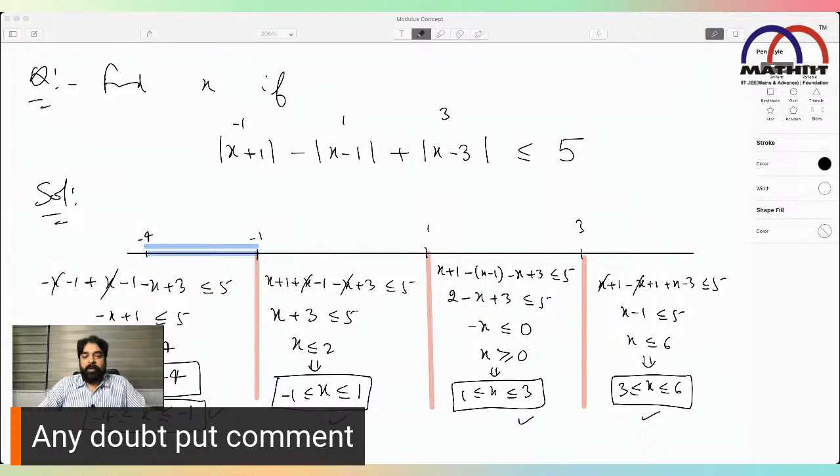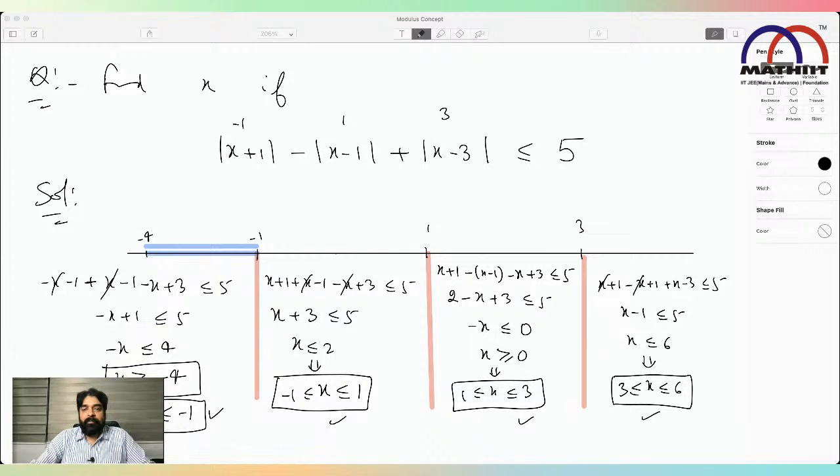If any doubt, put it in the comment so that I can make it clear, because after I combine, the final answer will look totally different. If any particular box is not clear, please let me know. No doubt? Okay, fine. Let's go ahead and finalize the answer.